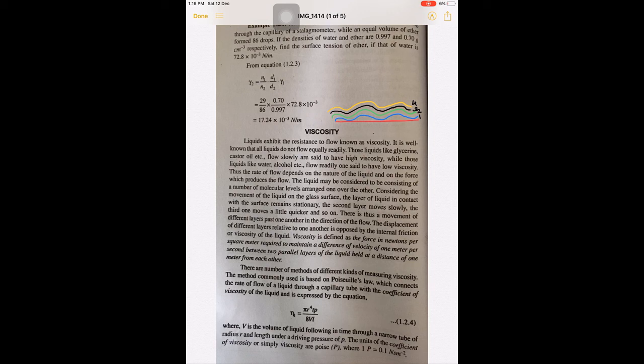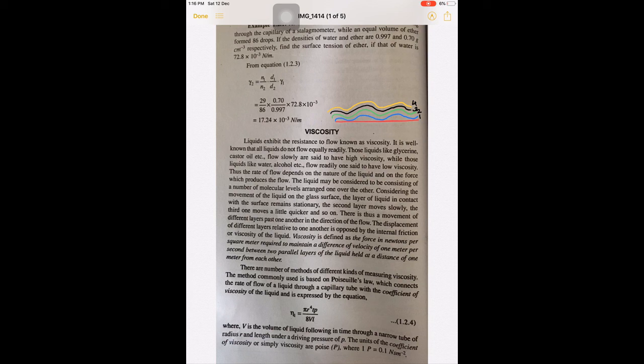The lower layer, number 1, is the layer of liquid in contact with the surface. This lower layer remains stationary, or the flow of that liquid is very slow.